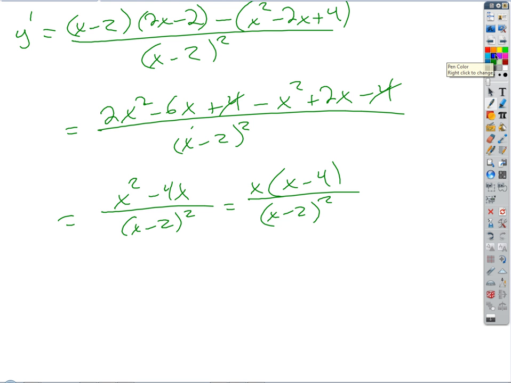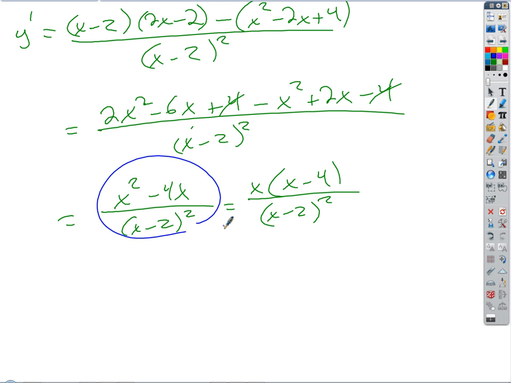Okay, while we're at it, let's do the second derivative. It's going to be a little easier though, isn't it? Second derivative, we'll just go ahead and differentiate from there. There's no need to do a product rule within a quotient rule.